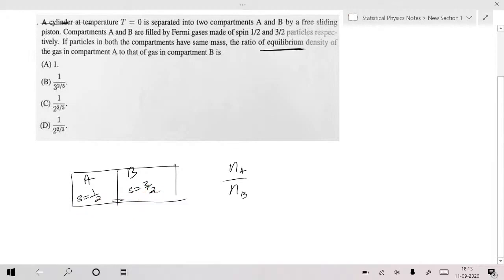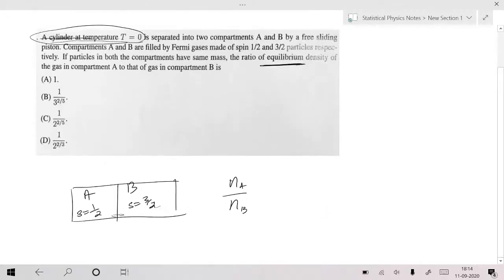At the start, equal temperature means when temperature is equal, then we get... Look here, he said temperature equal to 0. Again, I think you can't deal with the temperature. That's a good argument. Whatever you have argued is very nice, but he hasn't said anything about the volume either.